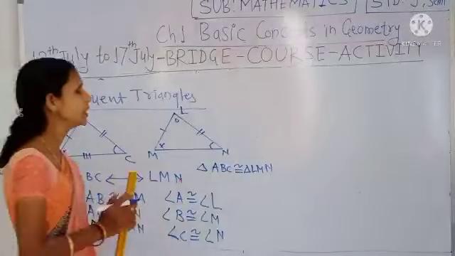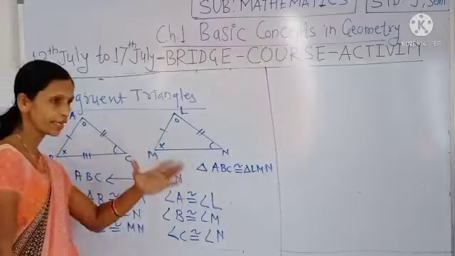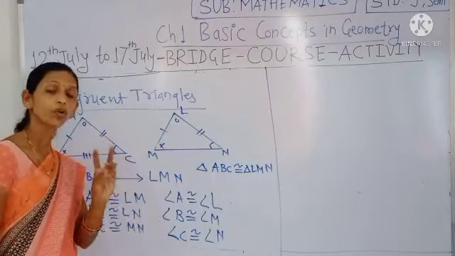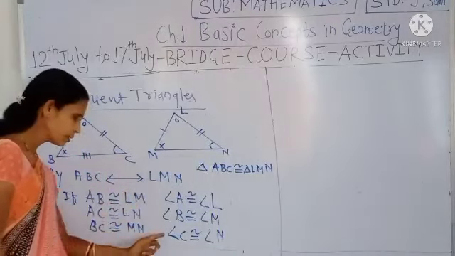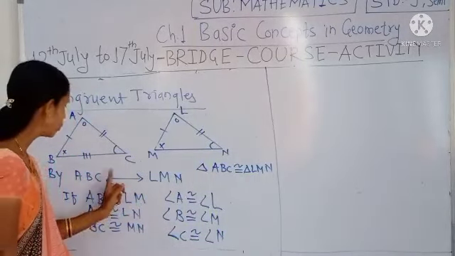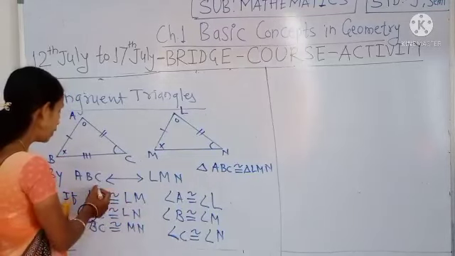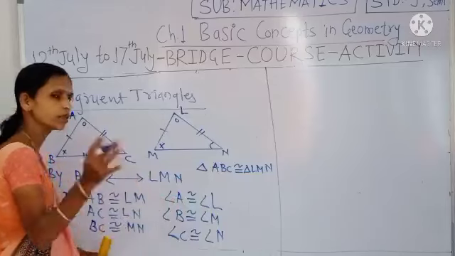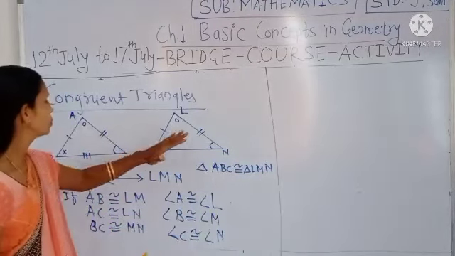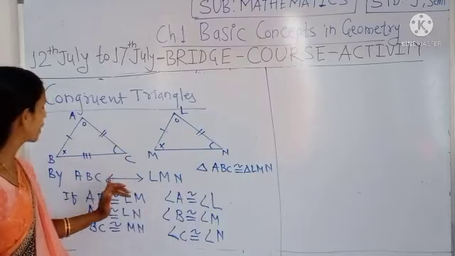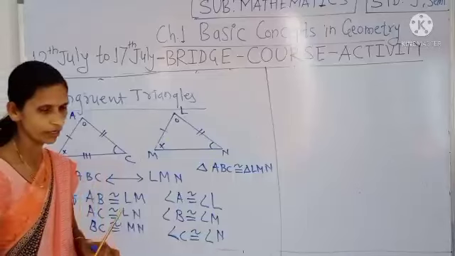Two different triangles are congruent if they satisfy only 3 conditions out of these 6 by any 1-to-1 correspondence. That means if 3 conditions are satisfied by those triangles by any 1-to-1 correspondence, then those triangles are congruent.